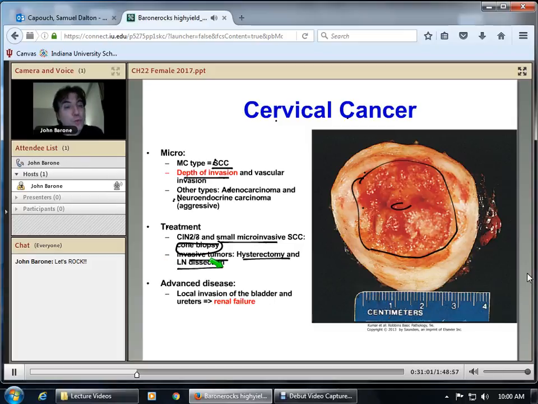Once you get full-blown invasion, you have to recommend hysterectomy with lymph node dissection. You've got to check the lymph nodes to see if it's spread. So again, the key decision point is whether it is fully invasive. Everything in between, CIN2, CIN3, carcinoma in situ, even microinvasive, we try local therapy.